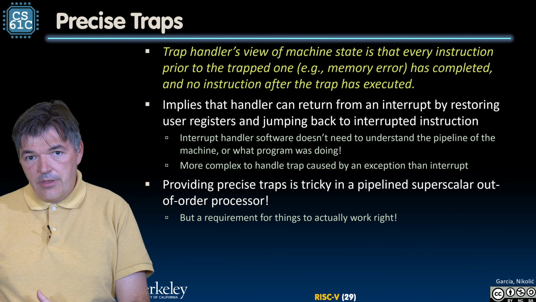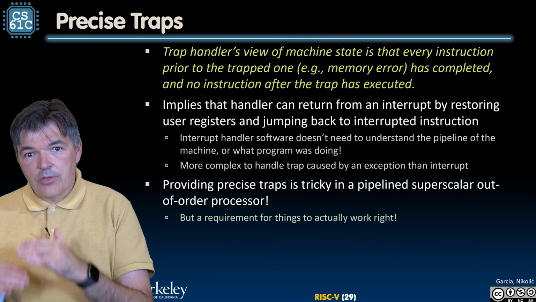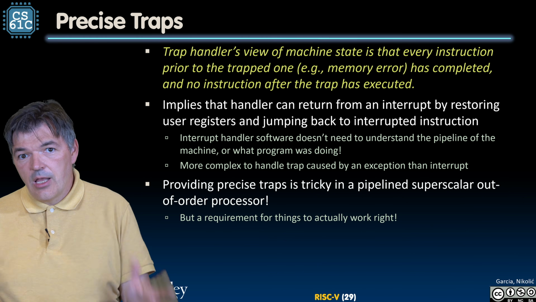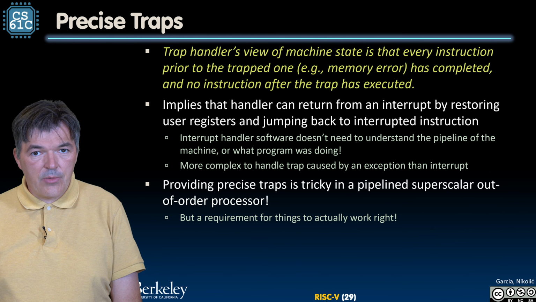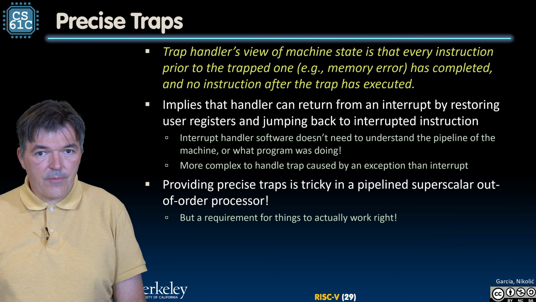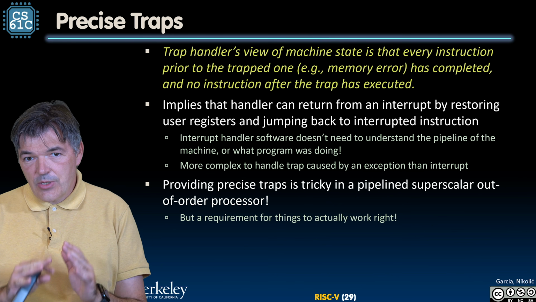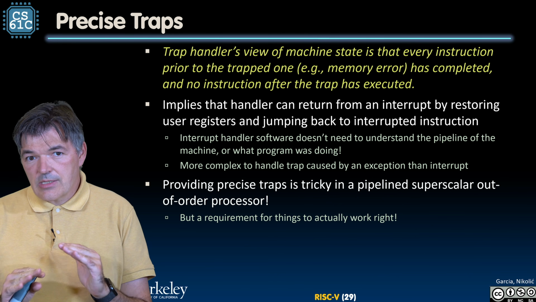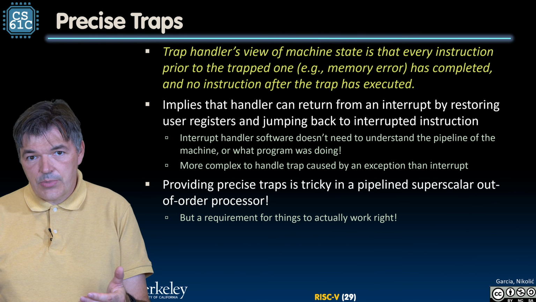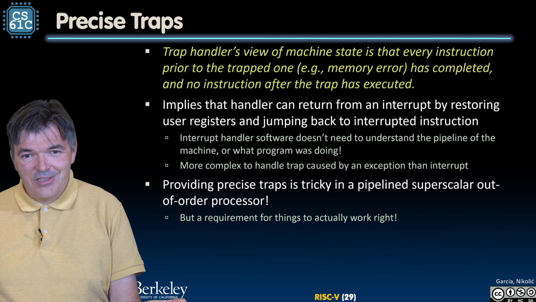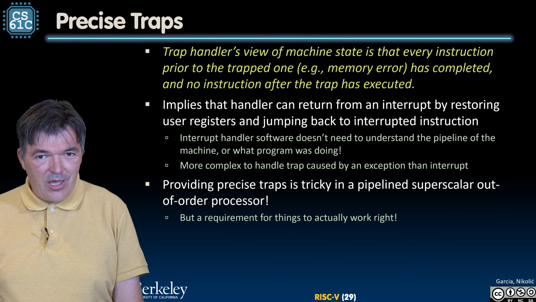We'll handle the trap, and then we'll restore the state of the machine like the interrupt never happened, and our program is going to continue executing. This is a bit tricky in superscalar processors because, remember, we have to precisely convert some of these instructions into NOPs. We know how to do that. We have done that when we were dealing with hazards.